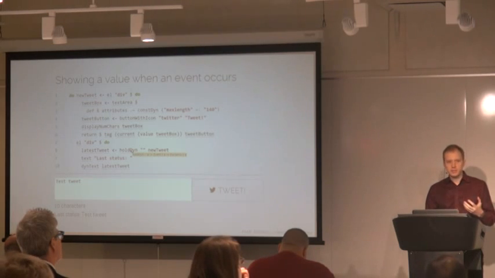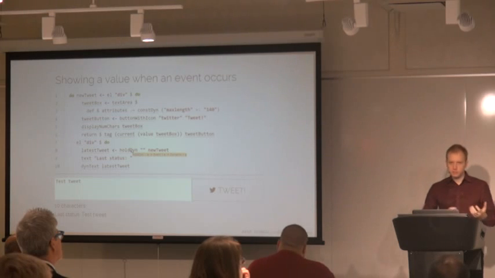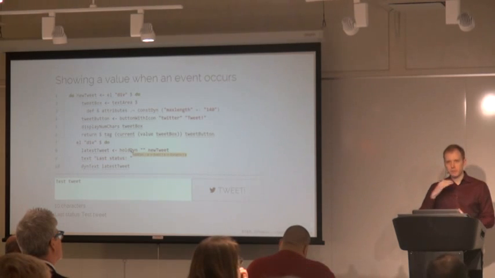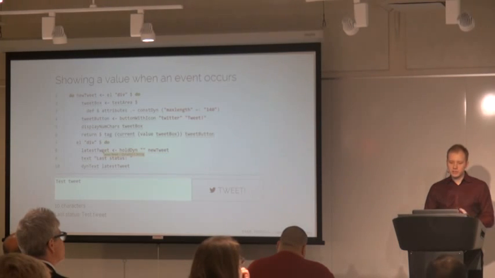And what's going to happen is the initial value will be the initial value of the dynamic, and then whenever the event fires, it's going to replace the value inside the dynamic. So latestTweet is always going to contain whatever the user most recently tried to tweet, or the empty string if they haven't tried anything yet.